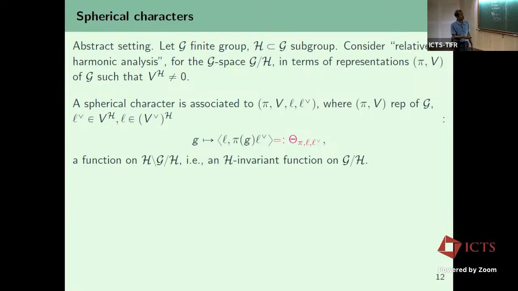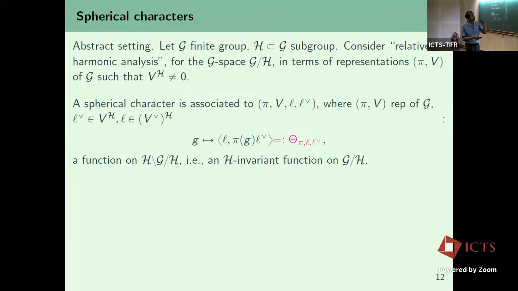You take g to pi of g acting on the vector and then pair it with the covector. Because the vector and covector were H fixed, this is not just a function on G, it is bi-invariant under H. But rather than as a bi-invariant function on G, it is more helpful to think of it as an H-invariant function on G mod H.